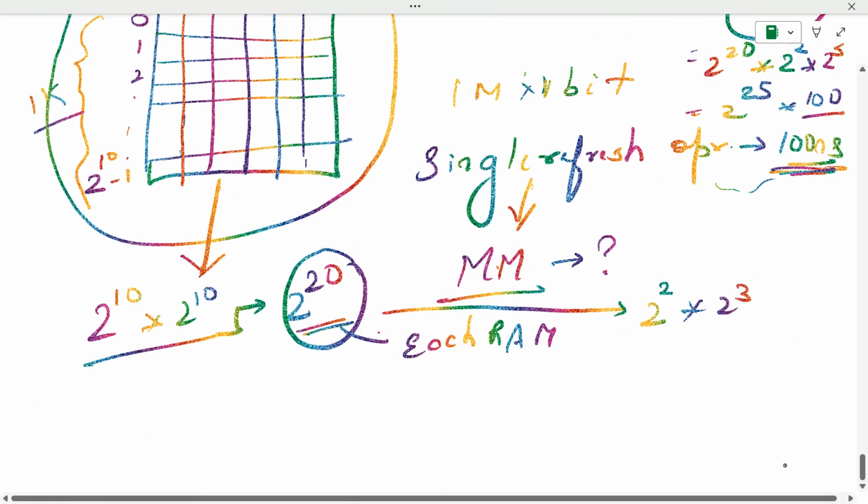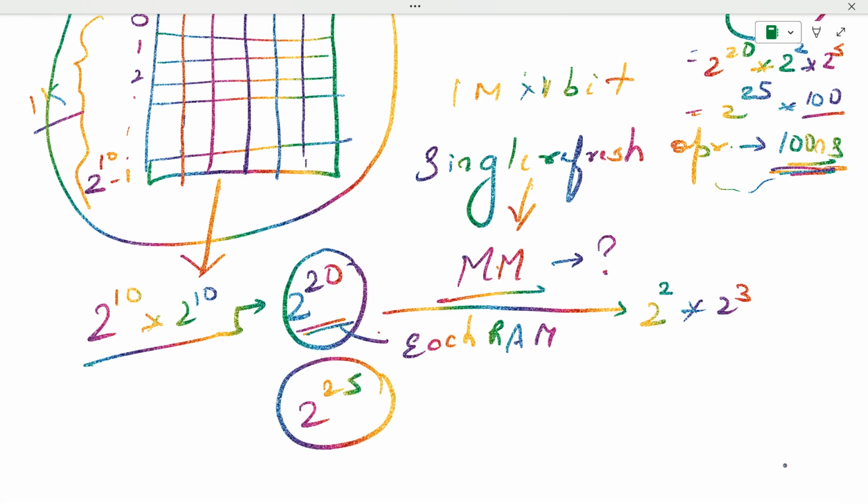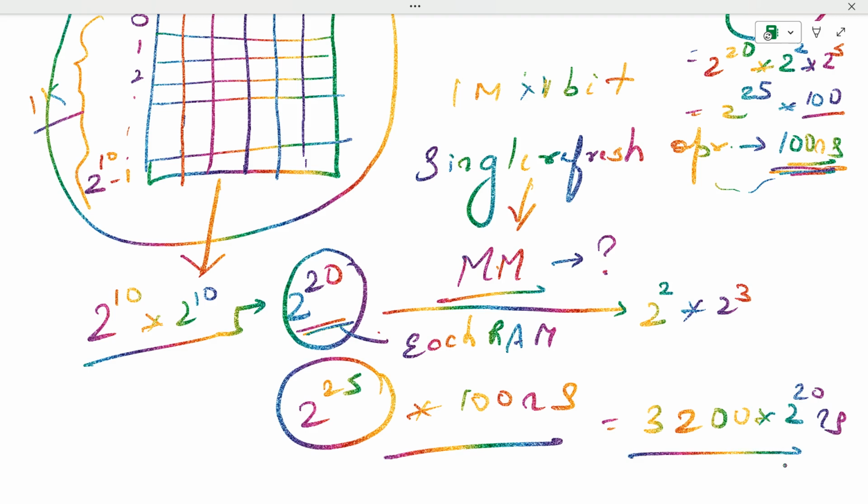So altogether 2 raised to the power 25 cells are there, and each single refresh operation requires 100 nanosecond. So we are multiplying this by this, and this goes to 3200 into 2 raised to the power 20 nanosecond will be the answer. Okay, we'll see next about how we are calculating.